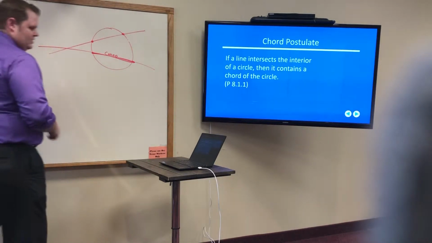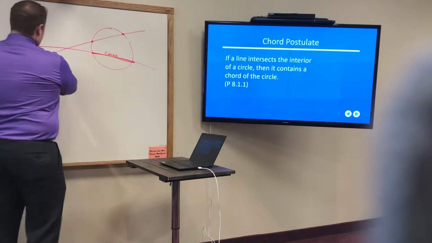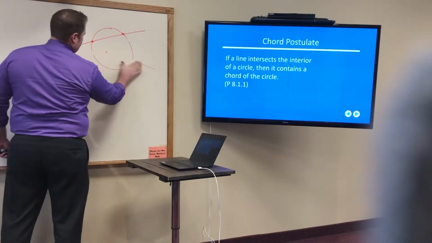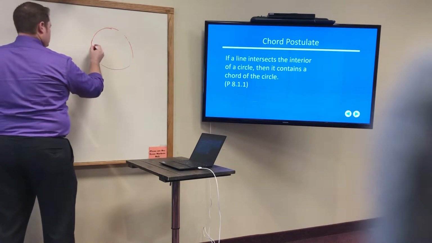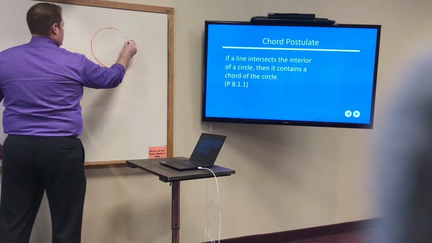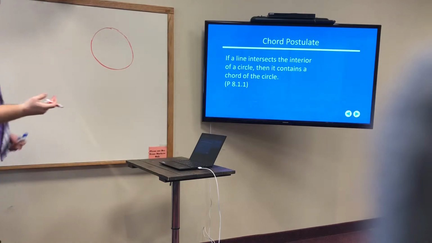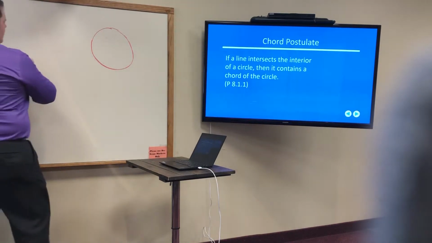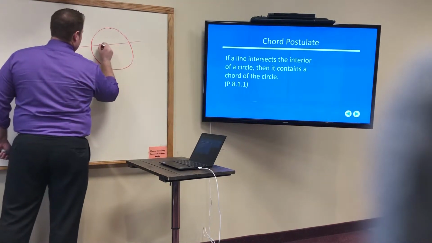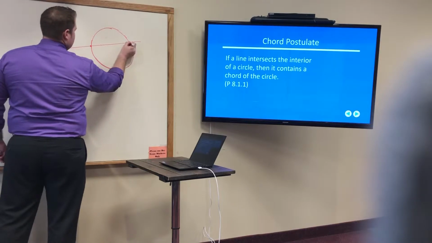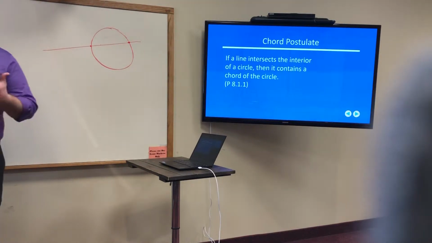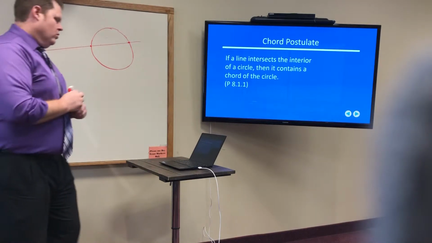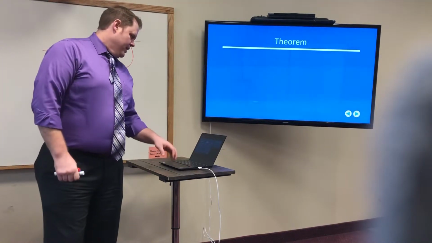Let's review this. I have my circle. This is the chord postulate. As I draw a line and it goes into the circle, how many times does it touch the circle? Twice, and it forms a chord. Any questions on that? This is just the chord postulate. Just remember that it does form that.